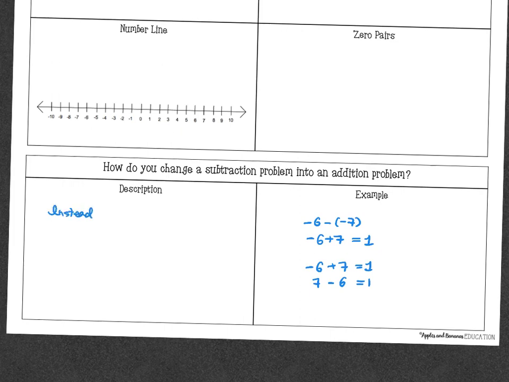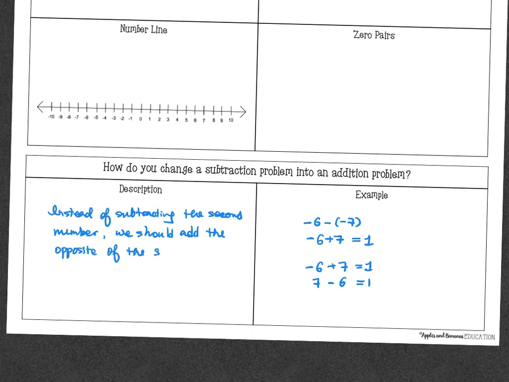Instead of subtracting the second number, we should add the opposite of the second number.